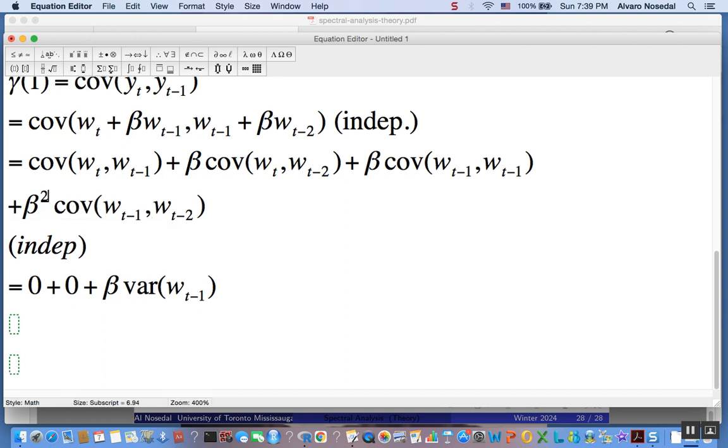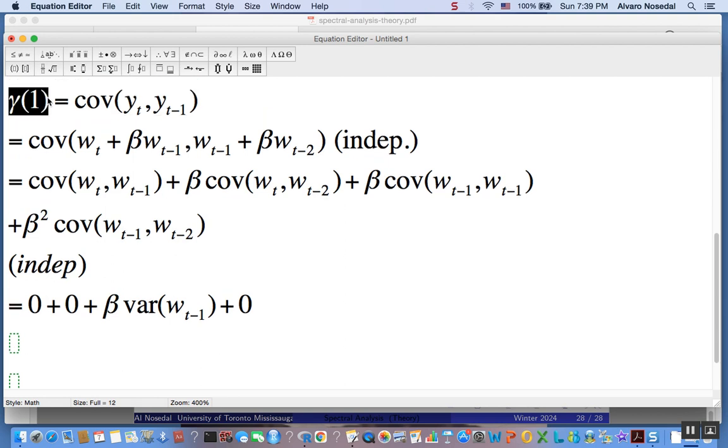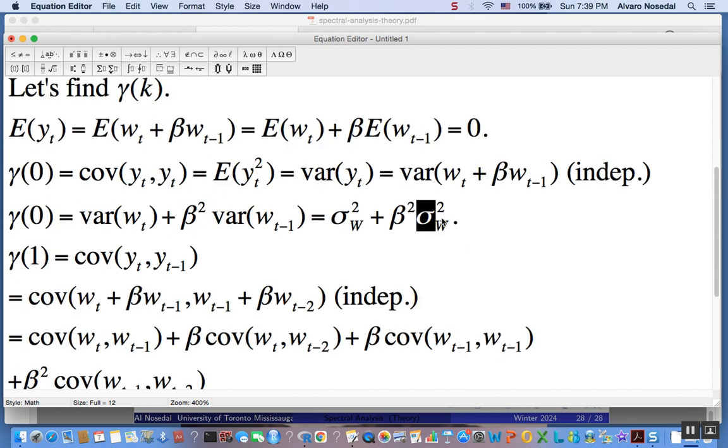But again, using the fact that WT minus 1 and WT minus 2 are independent, you end up with a 0. Okay? So finally, the only term that survives is beta times the variance of the W's, which is just sigma squared. Okay? So let me just conclude that the autocovariance function at lag 1 happens to be beta times sigma squared of W.